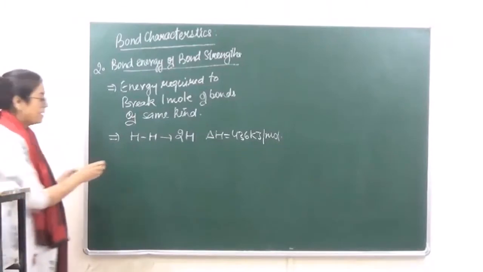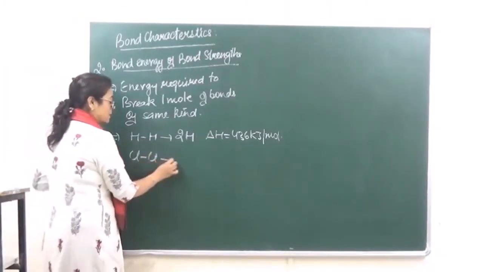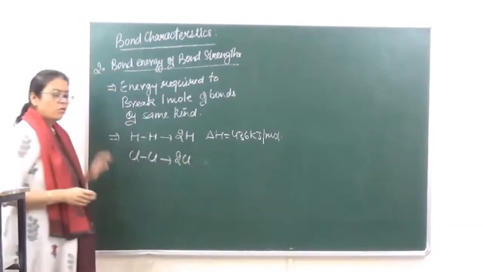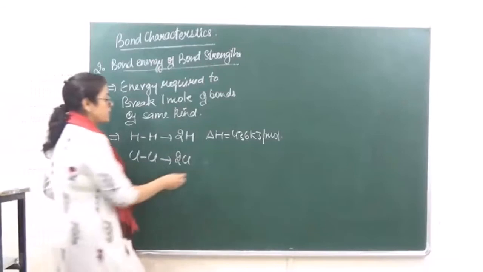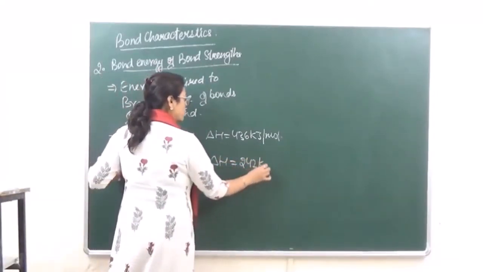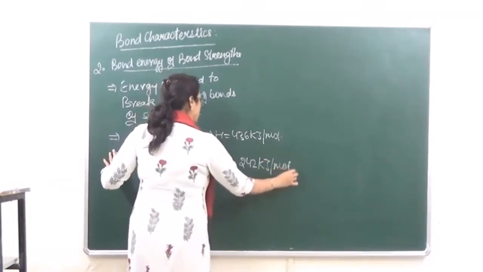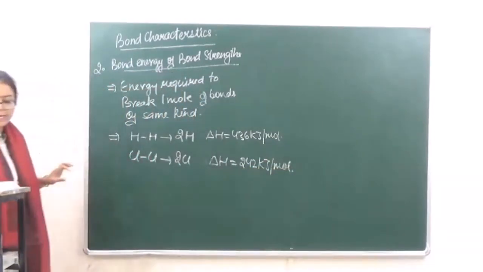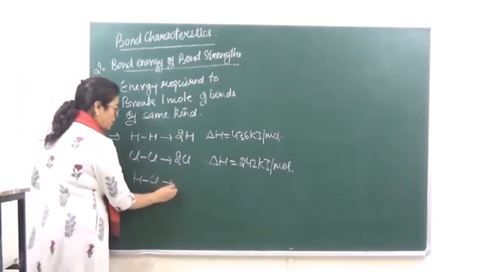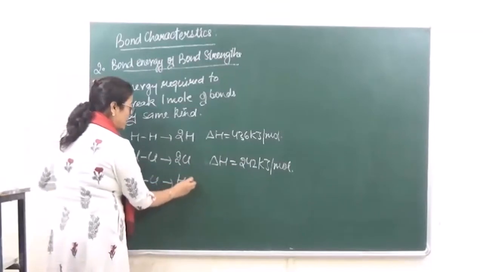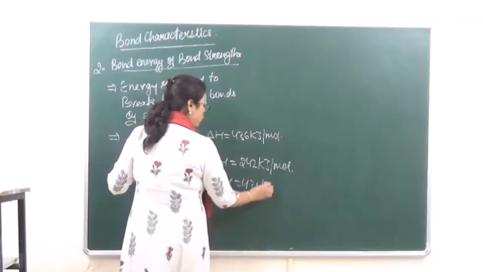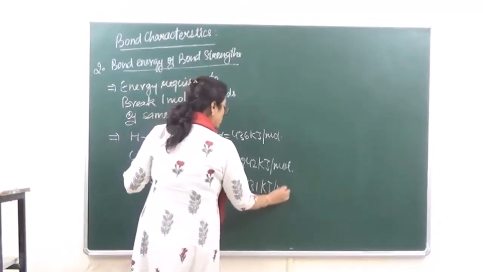Similarly, if we have chlorine, Cl2, this is going to break into 2 atoms of chlorine, and delta H for this is 242 kilojoules per mole, right? And if we are taking HCl, it is going to break into H plus Cl, and delta H for this is equal to 431 kilojoules per mole, right?